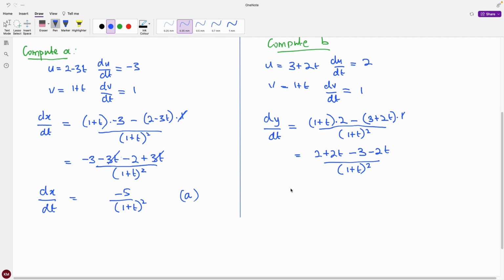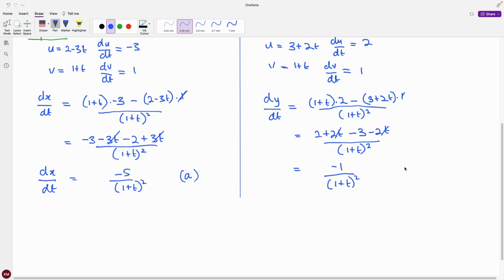This cancels out this, and we are going to have 2 minus 3, which is going to give us minus 1, divided by 1 plus t all squared, right? So this is going to be our b, and this is going to be our dy by dt.